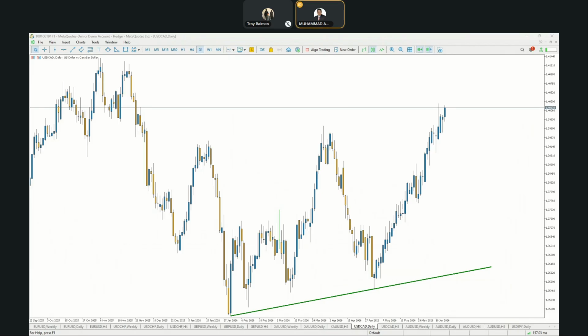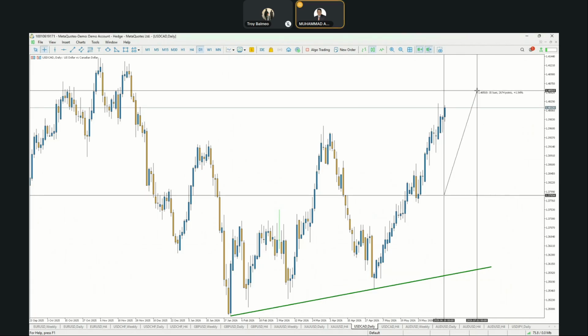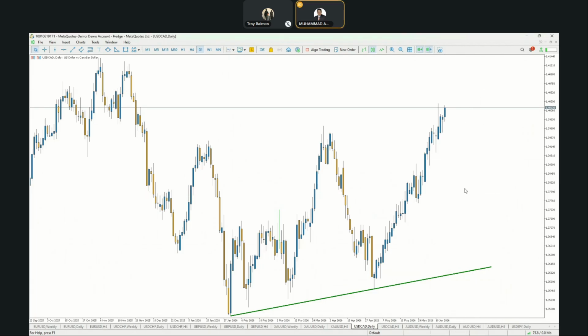Now, the market action we got is the actual reading came in at minus 7.6%, significantly worse than both the forecast of minus 3.7% and the previous figure. Following the release, the USD CAD currency pair moved higher as weaker than expected financial news data signaled a sharp contraction in Canada's construction sector.